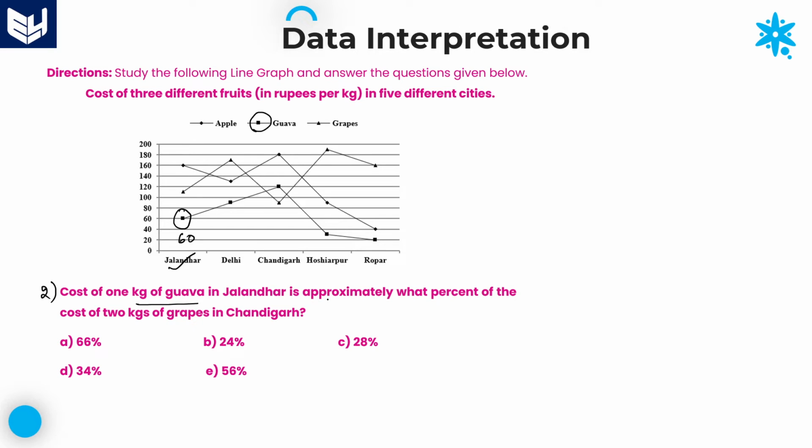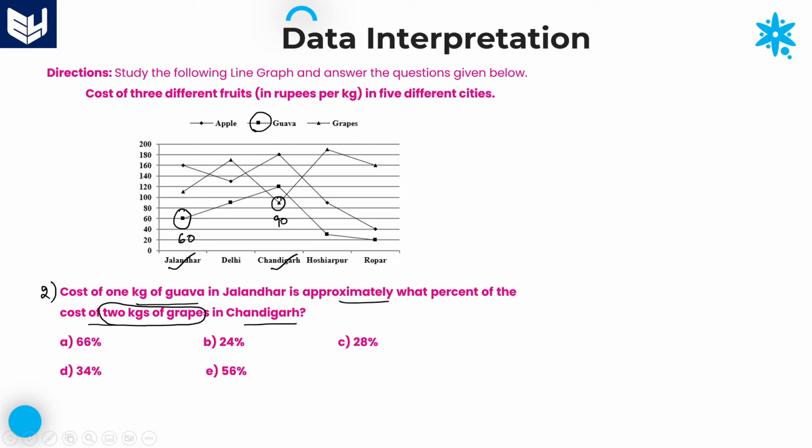Right? It is approximately what percent of the cost of 2 kgs of grapes, not 1 kg, 2 kgs of grapes in Chandigarh. Now we are talking about Chandigarh and that too grapes. Grapes is this one, and if you look at this value which is between 80 and 100, that value is 90.